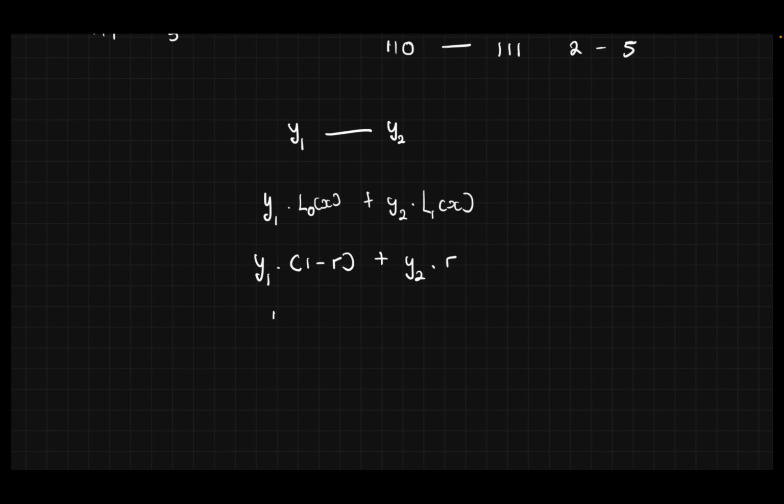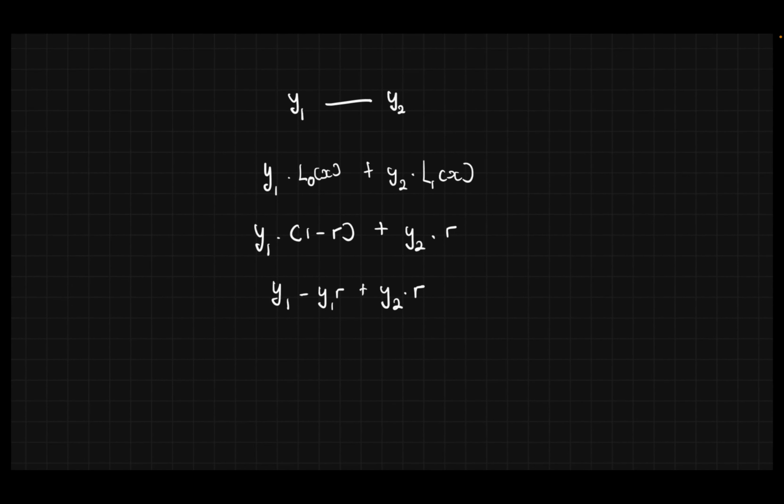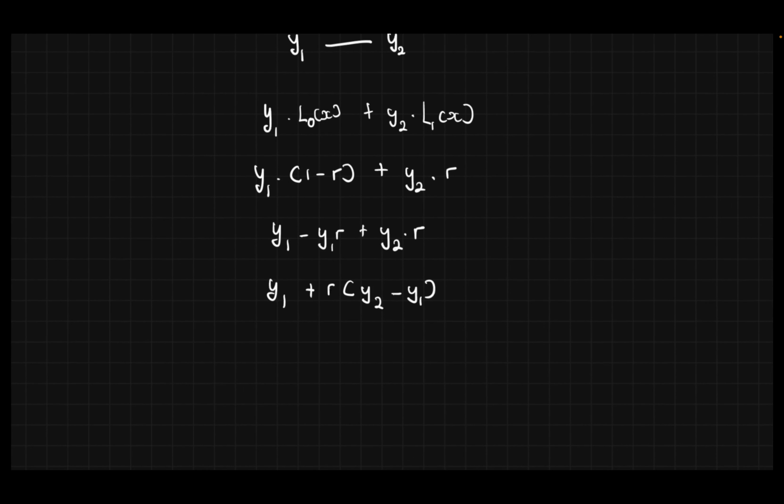So this is y1 minus y1r plus y2 times r. You can collect r: so this is y1 plus r times (y2 minus y1). With this method, you can interpolate and evaluate at the same time. Does that make sense?